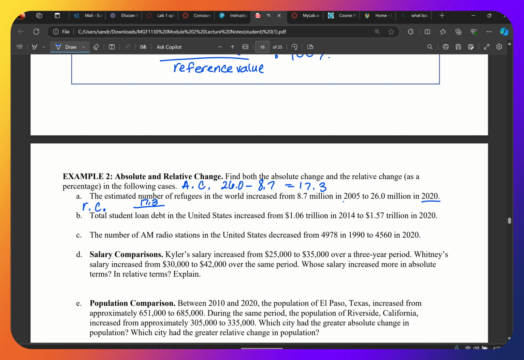What's the original year? 2005. So 8.7. The original amount, 8.7. 17.3 divided by 8.7. This is approximately equal to 1.99 or 199%.